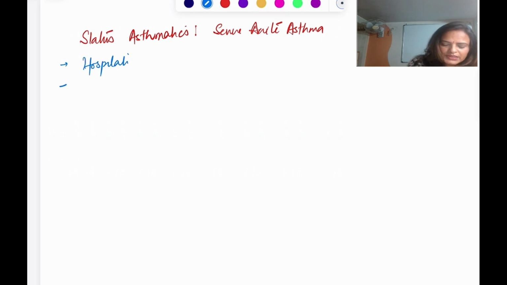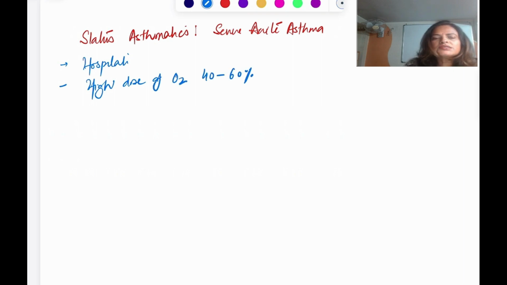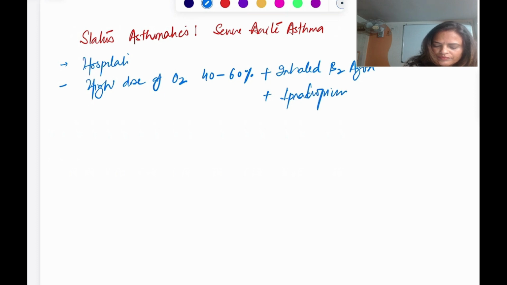After hospitalization, a high dose of oxygen, like 40 to 60% oxygen, has to be given. Along with that, we have to give an inhaled beta 2 agonist drug, and we can add ipratropium also with this, and then systemic corticosteroids.